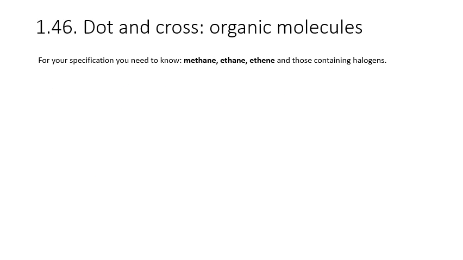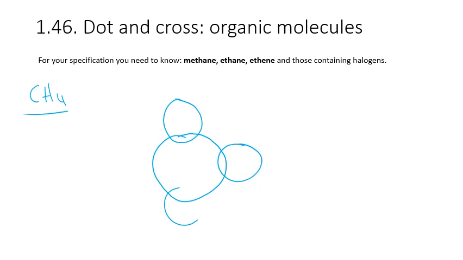Okay, organic molecules now. A little bit more complicated, but exactly the same principle. We'll start with a more simple one, methane. So methane is CH4. So what we have is a central carbon atom and 4 hydrogen atoms bonded to it covalently.